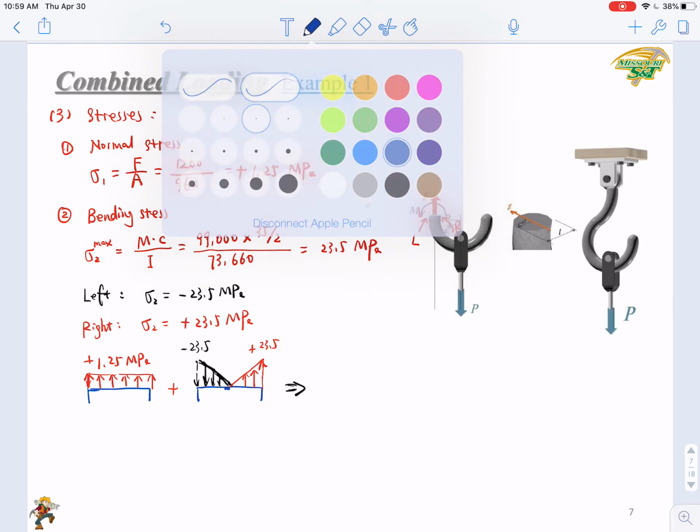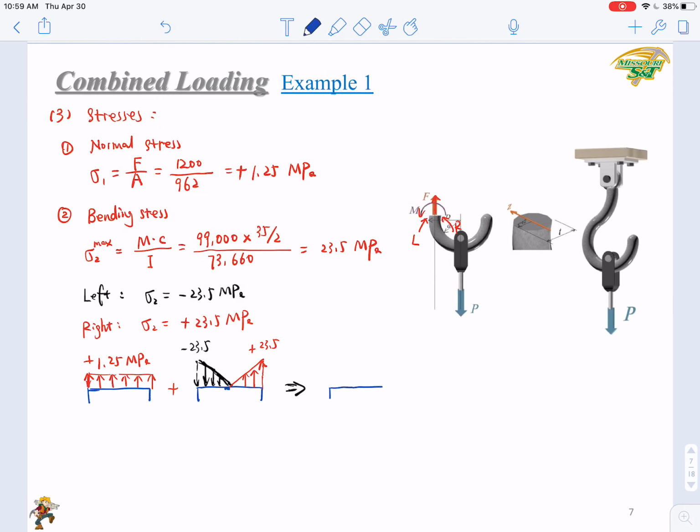Okay, we have this cross section again. Because of the combination of stresses on the left side, the magnitude of the compressive stress will be increased or decreased. The magnitude will be decreased, right?